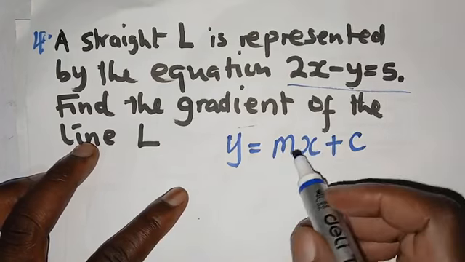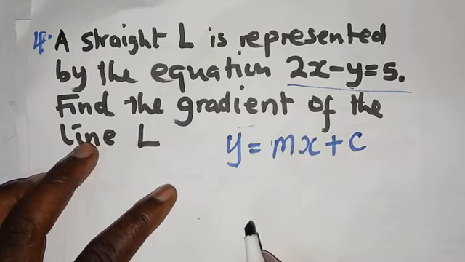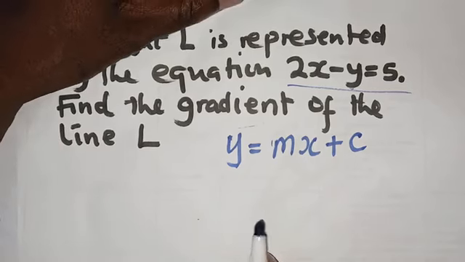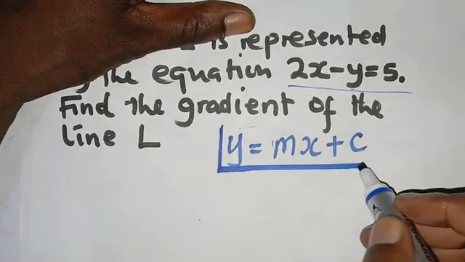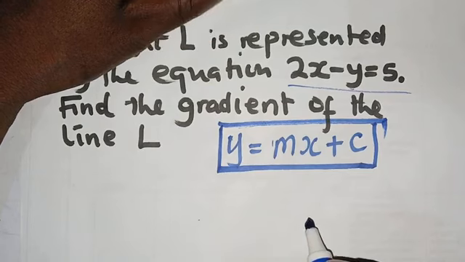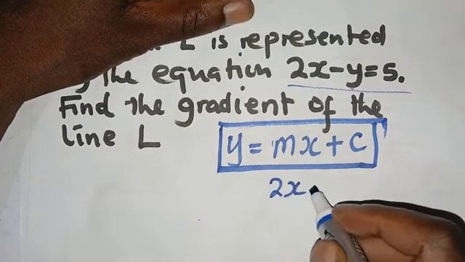So now we'll be looking at the coefficient of m here, which is going to be our gradient, ladies and gentlemen. Basically that's what we are doing. We need to write that equation in this form. So we have 2x minus y is equal to 5.